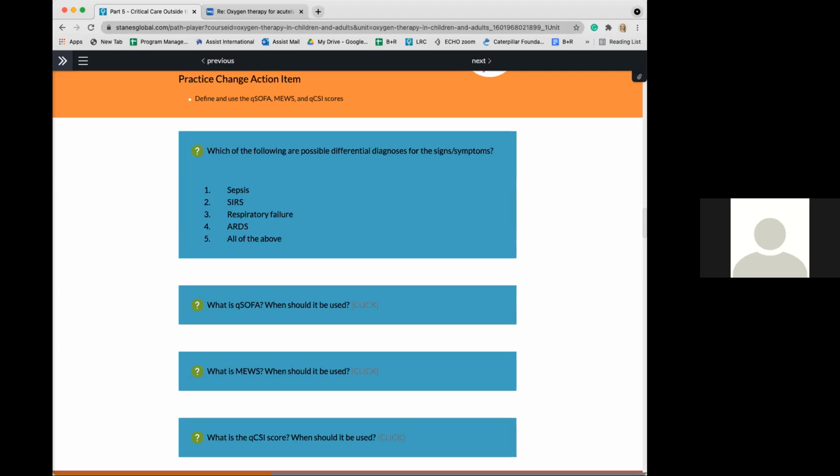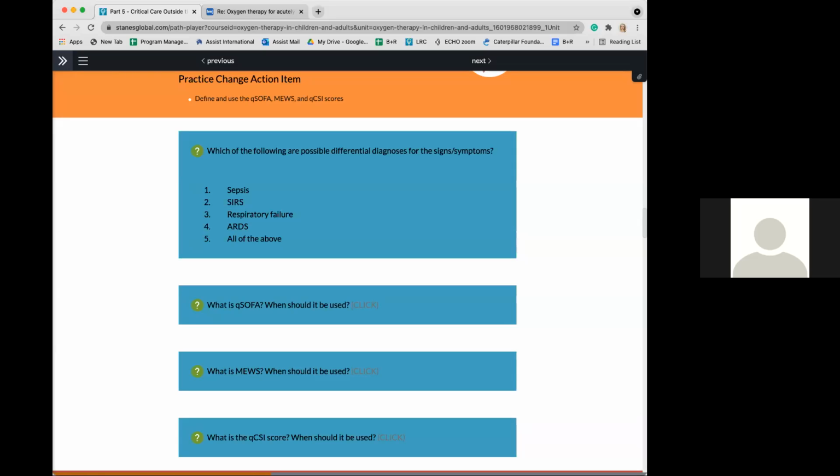So when you look at the QSOFA, more specifically, this scoring system identifies patients at higher risk of in-hospital poor outcomes, such as mortality or long hospital stay. So this is a modified version of what has been used so far, which is just the SOFA, without a Q, the sequential organ failure assessment.